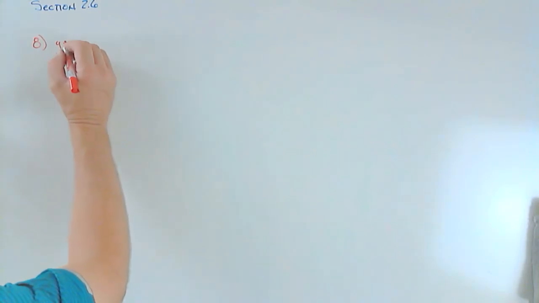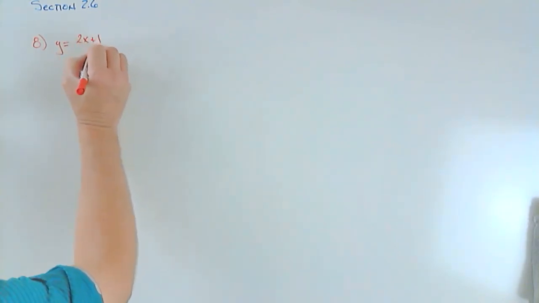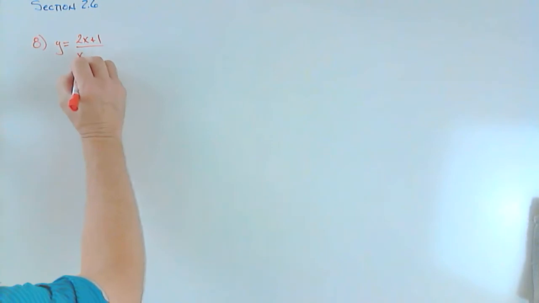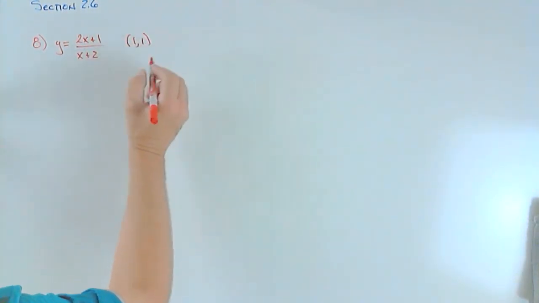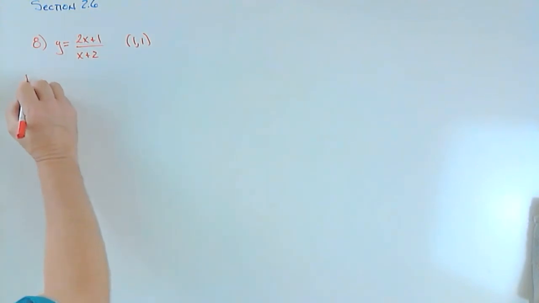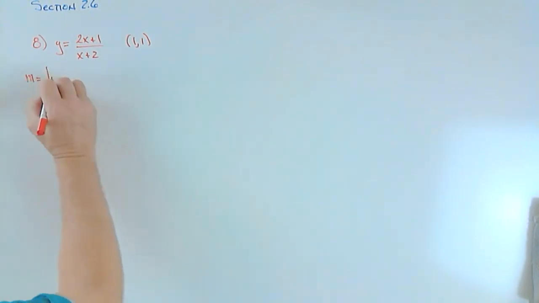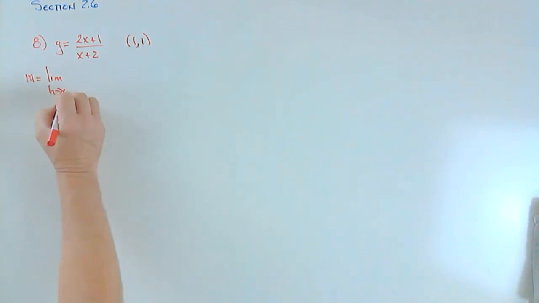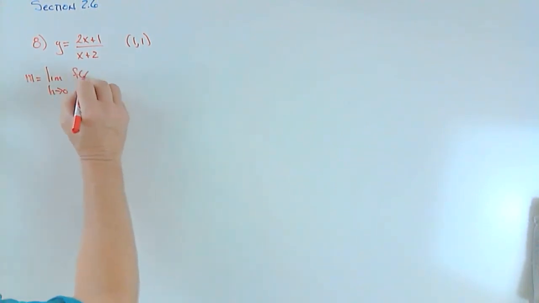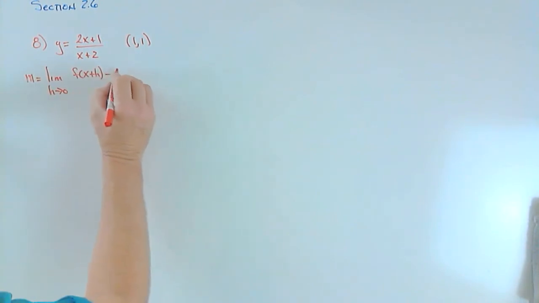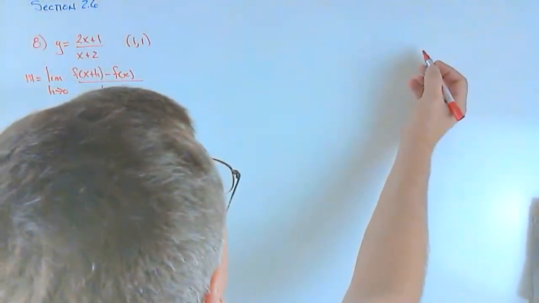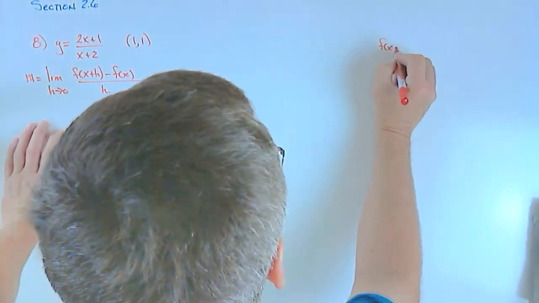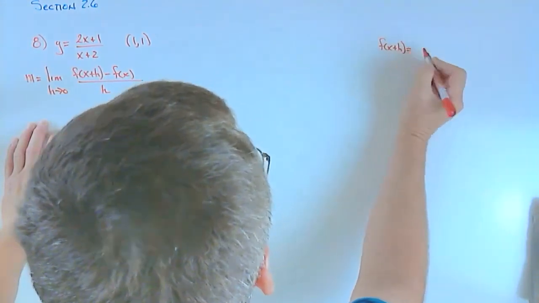y equals 2x plus 1 divided by x plus 2. And our point here is 1, 1. And I'm going to use the formula that says m equals the limit as h goes to 0 of f of x plus h minus f of x all divided by h. So to do this, the first thing I have to do, I'll do it over here to the side, is I'm going to have to find f of x plus h, aren't I?